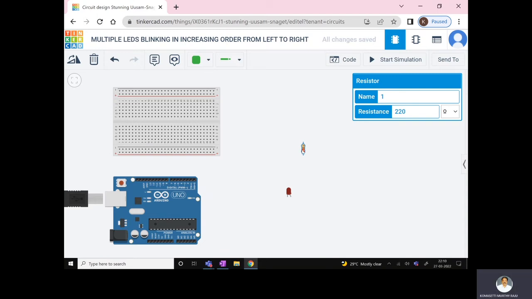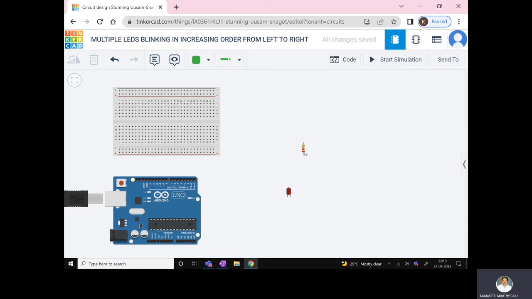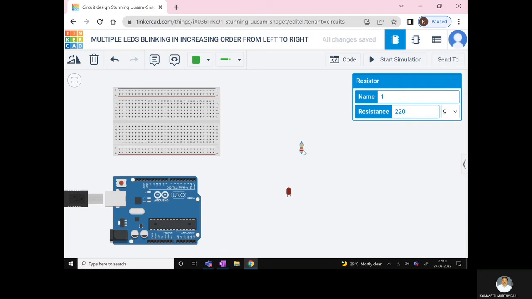Click on that one, Control C and Control V. Repeat the same for each, and similarly this one, Control C and Control V.